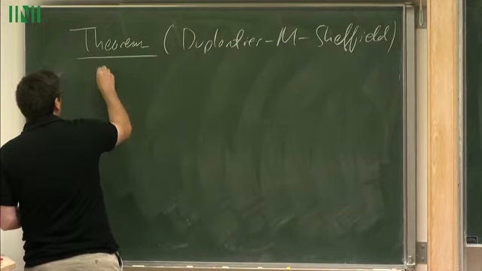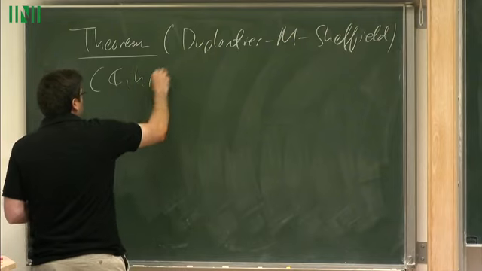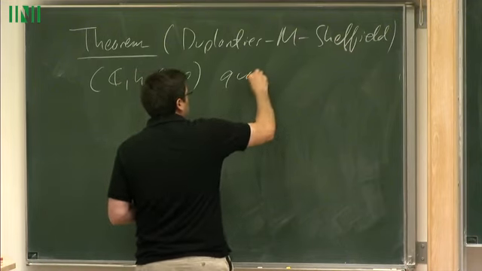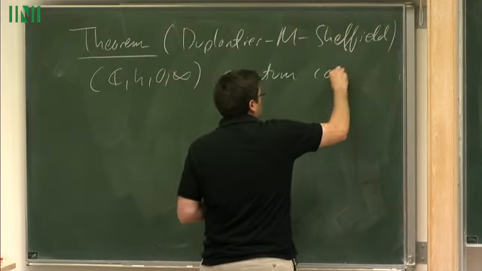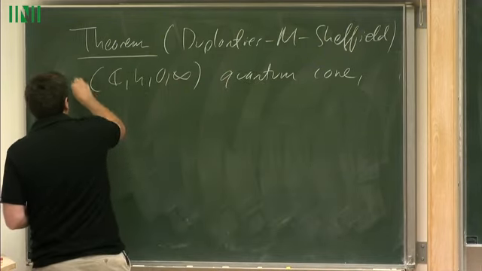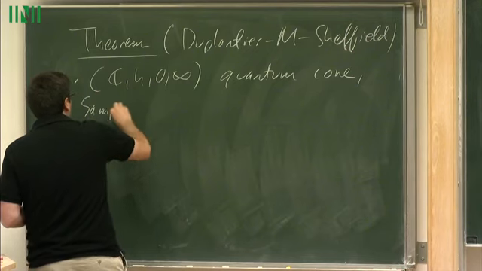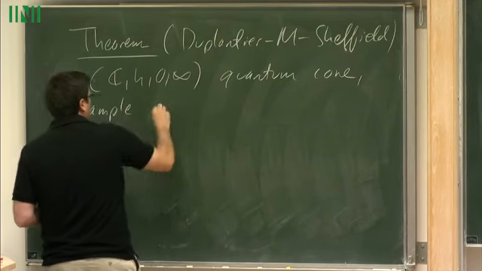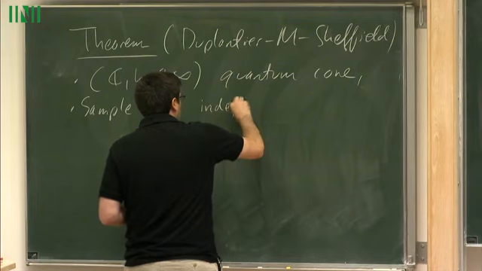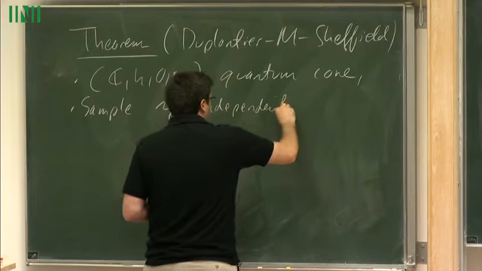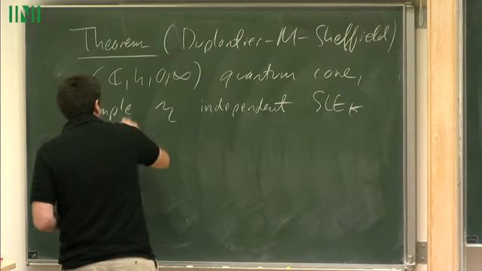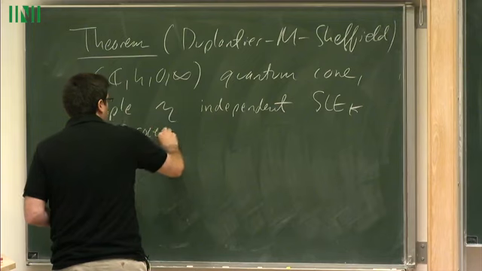And what you do is you take your quantum cone. So this is your Liouville quantum gravity surface. And then you're going to sample an independent SLE process. So this is sampled independently of the quantum cone.